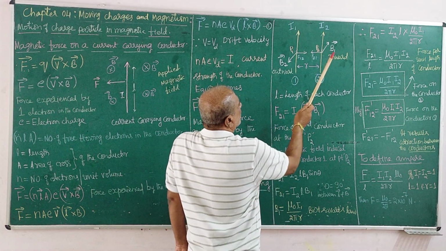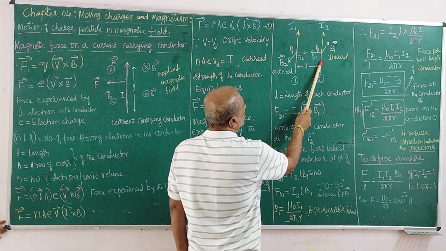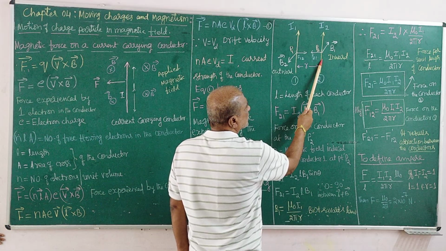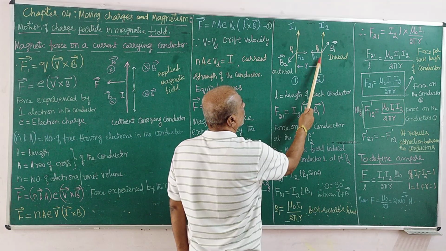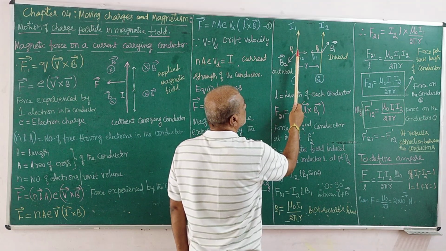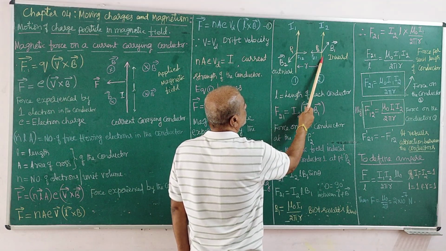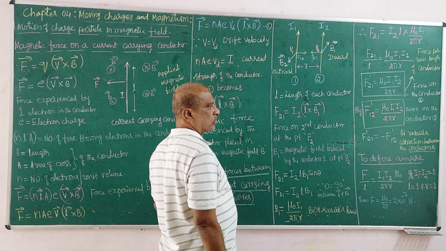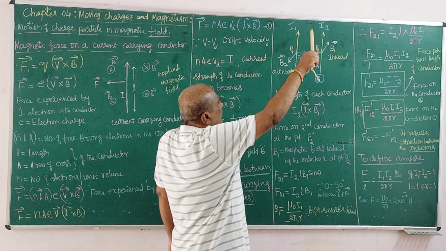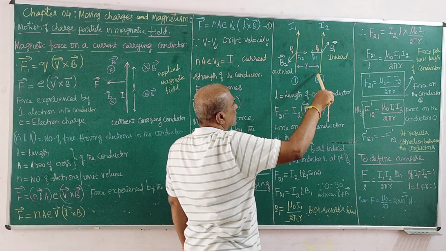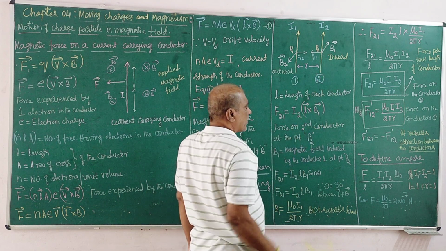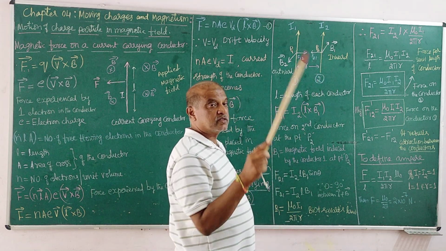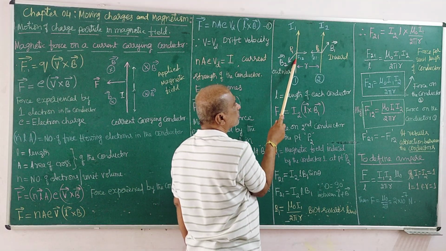Similarly, this conductor induces magnetic field in its surroundings and induces magnetic field on this conductor because it is in its surroundings. At every point of this conductor, there is a magnetic field. What magnetic field? Magnetic field that is induced by this conductor.